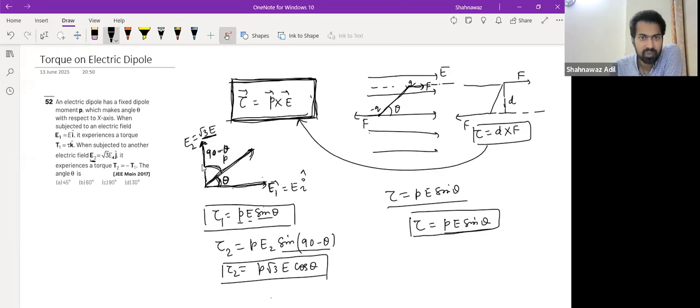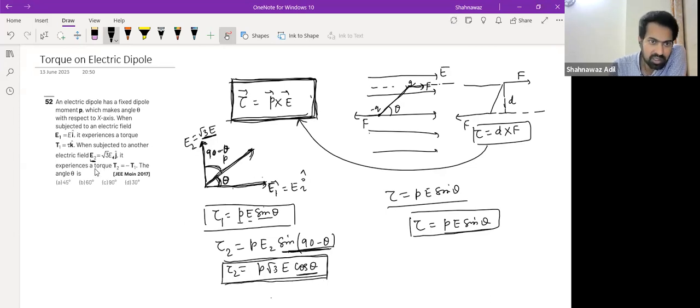Right, Faiza? Yes. So the torque would simply be PE sine 90 minus theta, and sine 90 minus theta is cos theta. So this is the magnitude of torque for the second electric field.